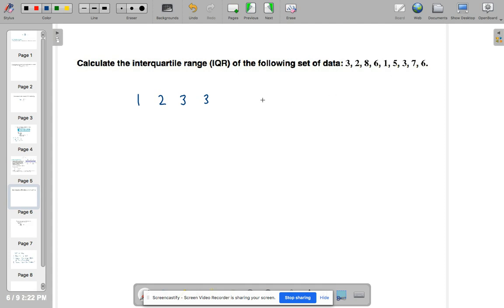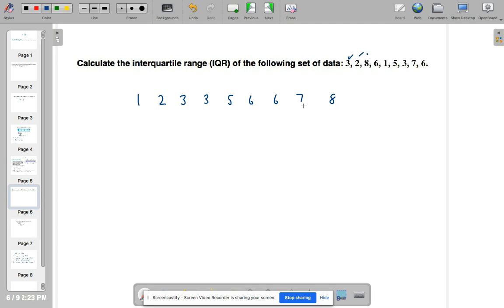We've got a 5 and 2 6s. We've got a 7 and 8. Always pays to check that I've got the same number of data after I've ordered it. So I've got 9 bits of data there and 9 bits of data there. So I haven't missed any. Sometimes it pays to tick them off as you do them. That also helps as well.